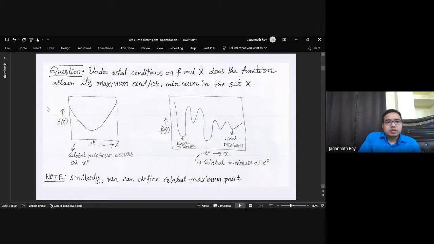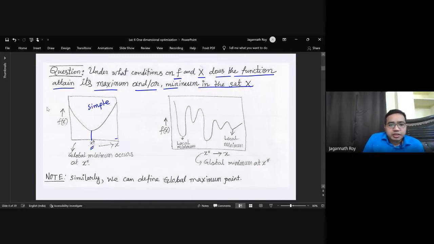The question is, under what conditions on f and X does the function attain its maximum or minimum or both. If we have a simple function like this, then we can find an x star which will be a global minimum on this interval.